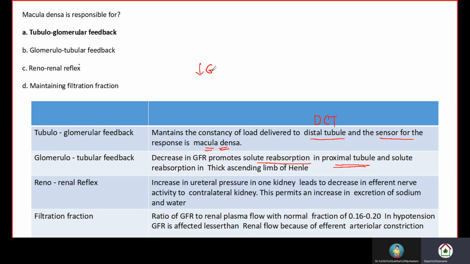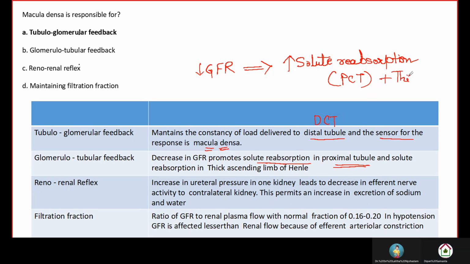If GFR, the glomerular filtration rate, decreases, it leads to promotion of solute reabsorption in the PCT, and solute reabsorption in the thick ascending limb of Henle also. So PCT plus thick Henle's limb.